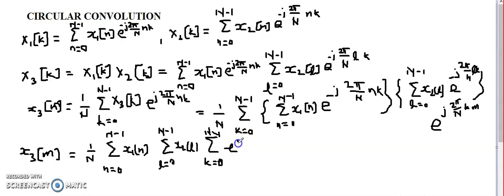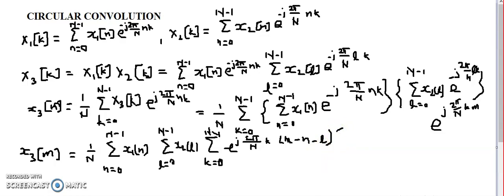We have combined all the exponential terms together so that we get e raised to power j 2 pi by N, k is common, m minus n minus L. Okay, we get this.